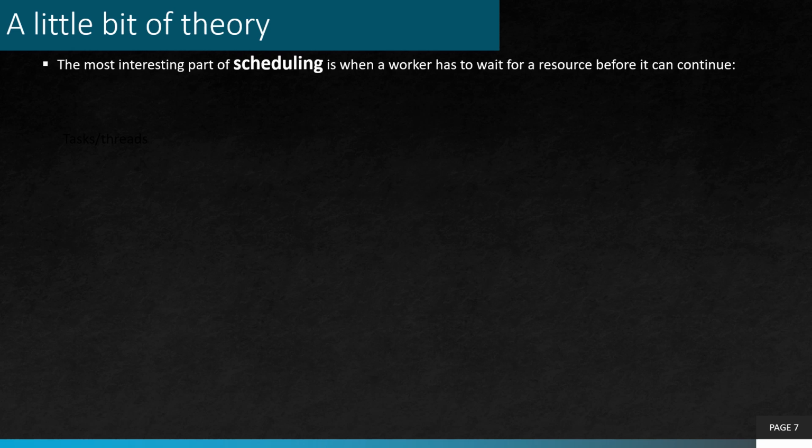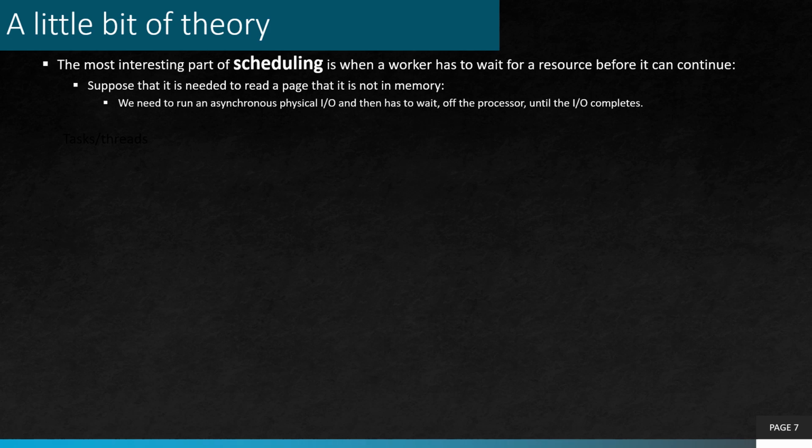We reached the point that is key to understand how SQL Server works. So right now, suppose that you have a worker, and suppose that this worker needs to read data. It's not in memory, so SQL Server needs to request a read of the data from the I/O.